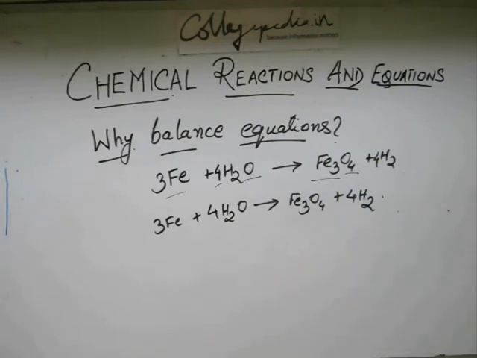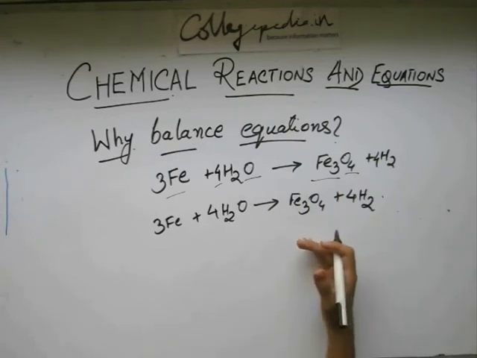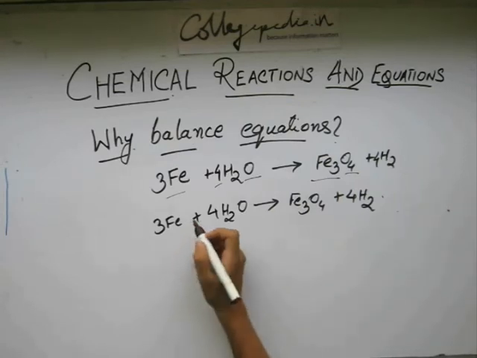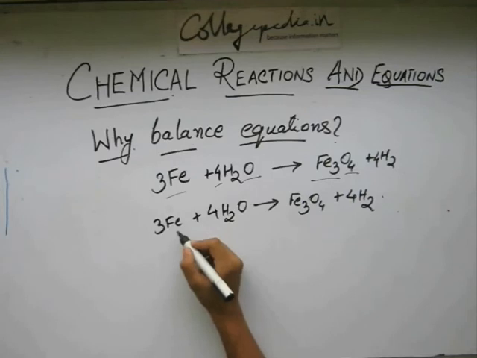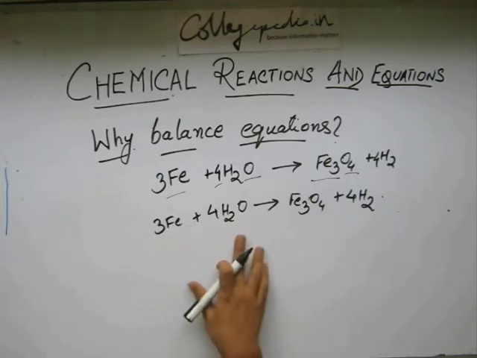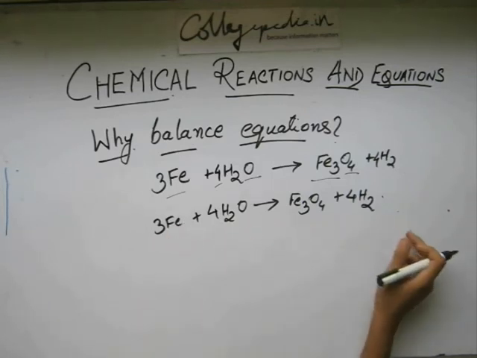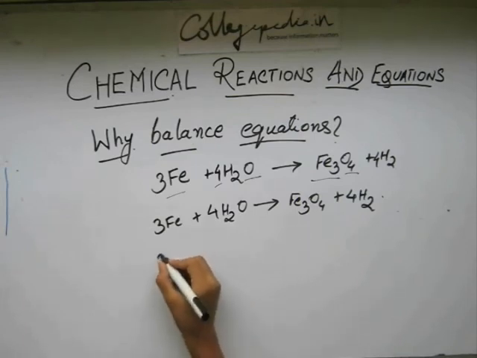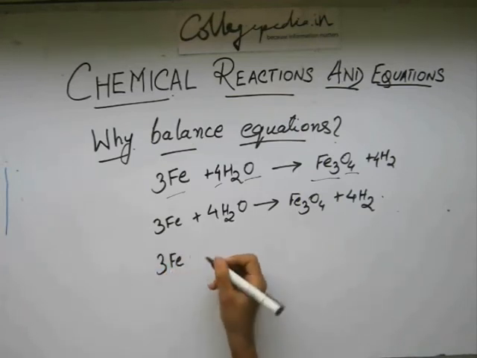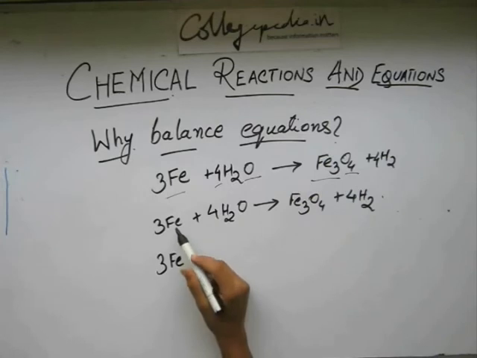And one more thing, after balancing the equation, to make it more informative, you can write down the physical state of each and every reactant and product. Like over here, it would be 3Fe. In brackets you write the state.